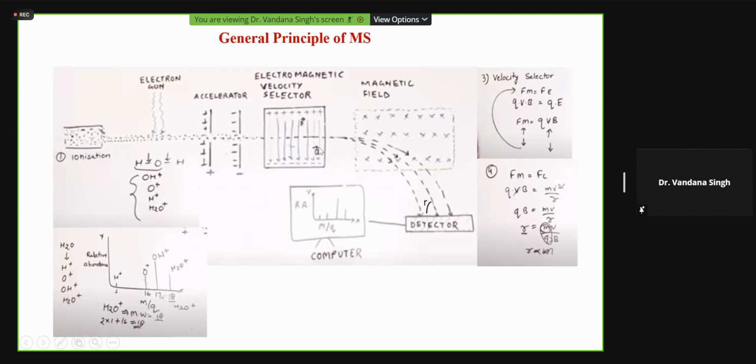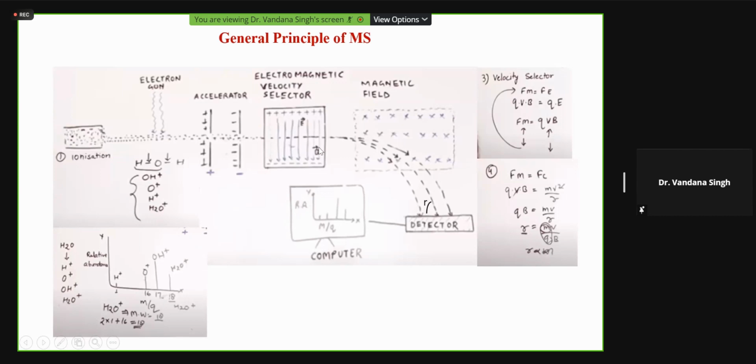Charge is present outside, and then the solvent coated on the analyte sample is evaporated. Due to the evaporation, the sample remains, and it will split into different charged particles, and now these charged particles will go to the analyzer part.